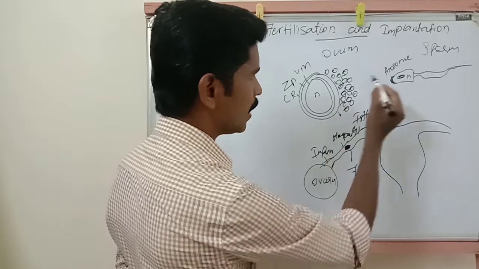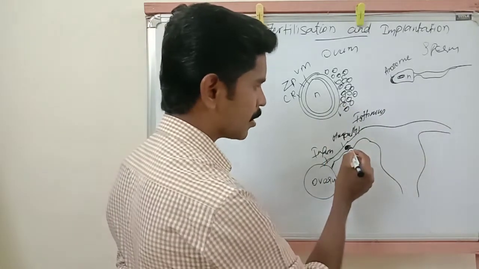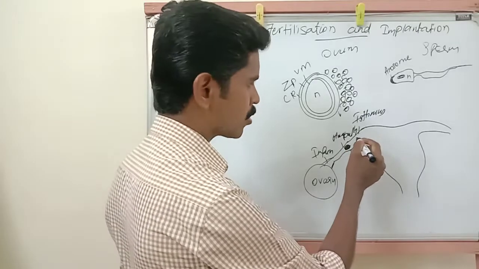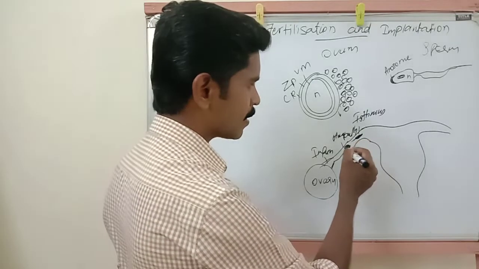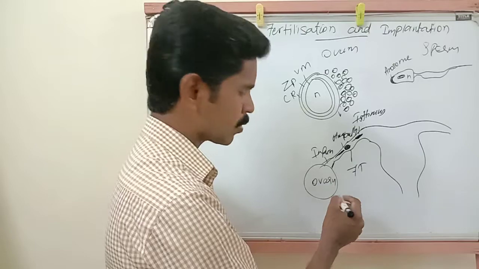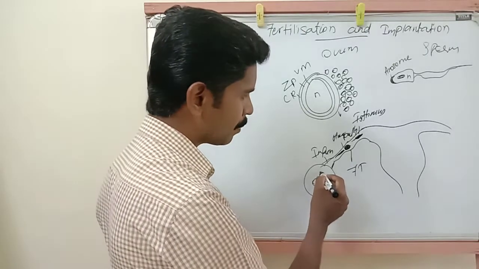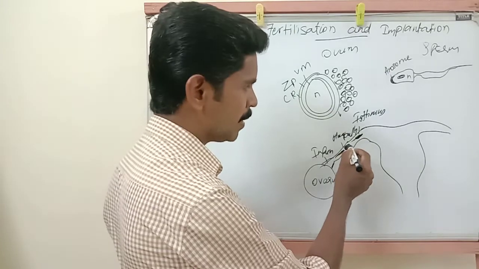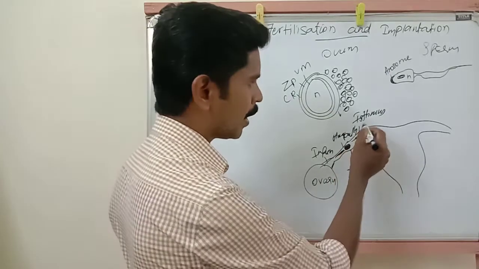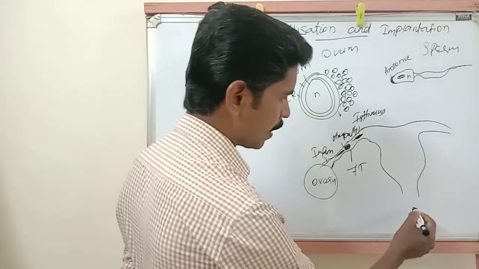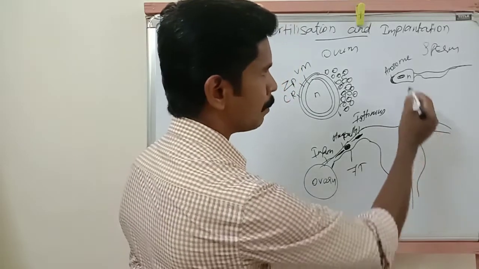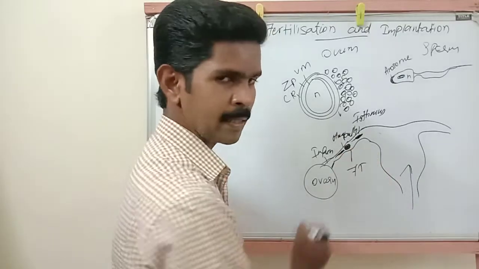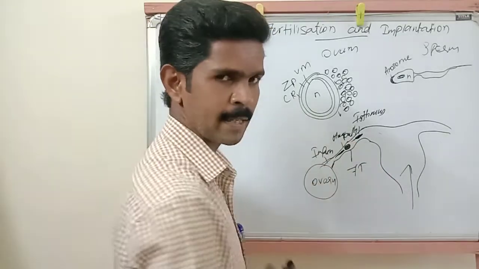The egg cell and the sperm cell both join at the junction of the ampulla and isthmus. The egg cell moves from the ovary and stays in this region, the junction of ampulla and isthmus. At the same time, through the vagina, the male sex cells also enter this junction region.